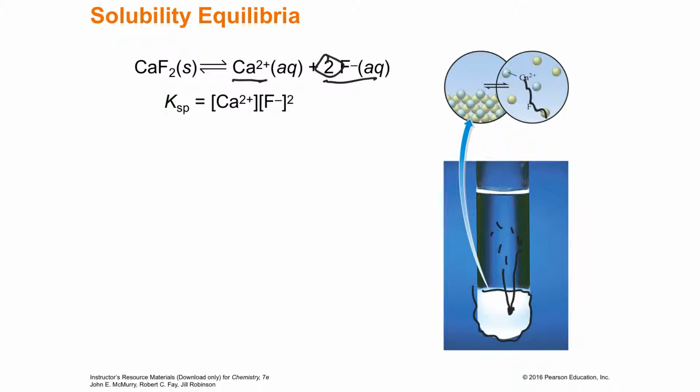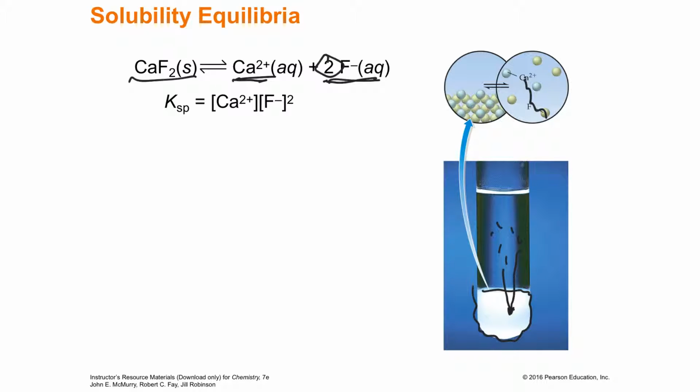Normally it would be divided by the reactants, but in this case we've got a solid. Remember, you're not going to involve solids and liquids, pure substances, in your equilibrium constant. So the equilibrium constant is equal to the concentration of the two ions in solution.